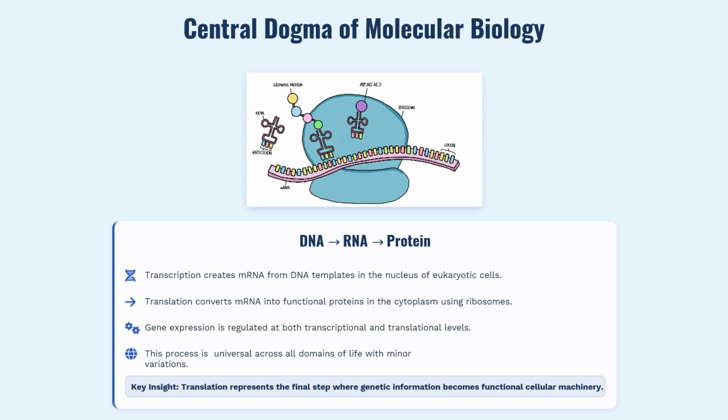The process is universal across all domains of life, though some variations exist between prokaryotes and eukaryotes. Understanding the central dogma helps students appreciate how genetic disorders arise from mutations and how biotechnology applications like genetic engineering work.